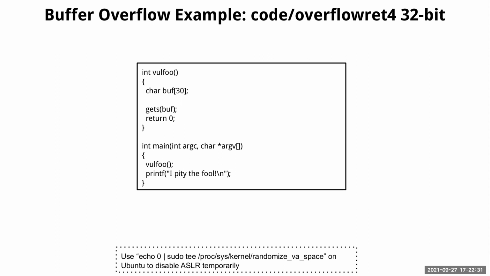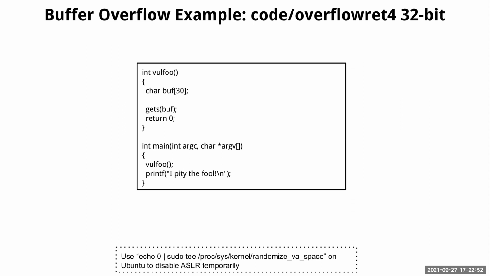So this is a vulnerable program we're going to exploit. Very simple program. Main function calls a vulnerable function. The vulnerable function has a local variable buffer, 30 bytes here. Then we have gets.